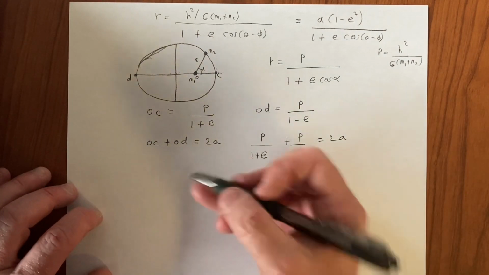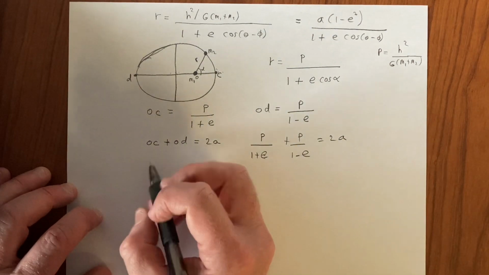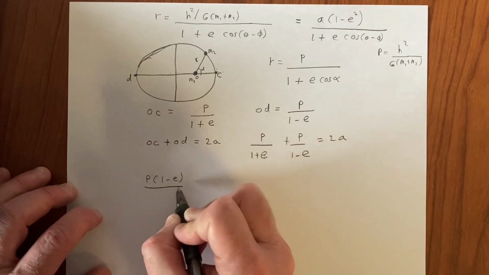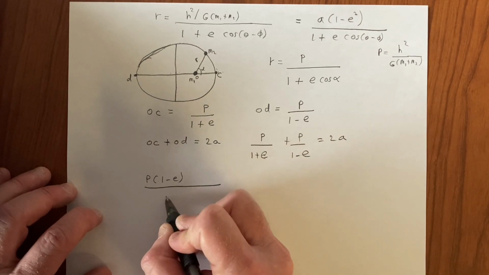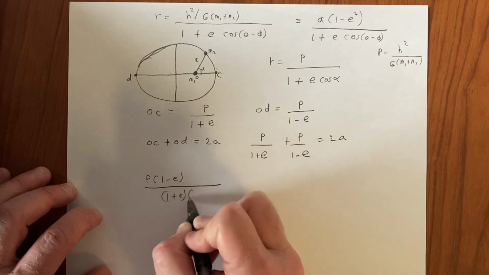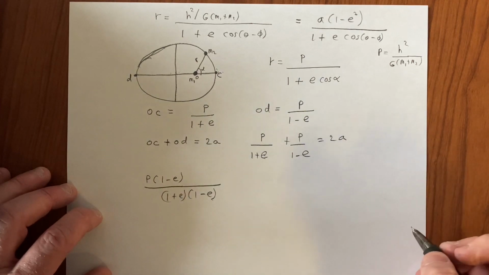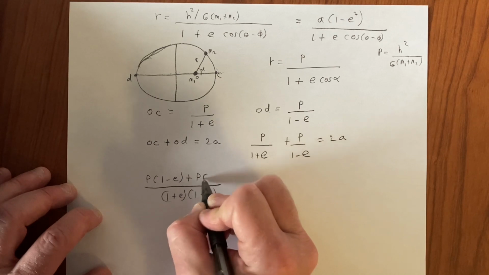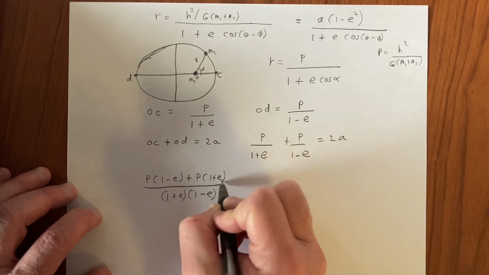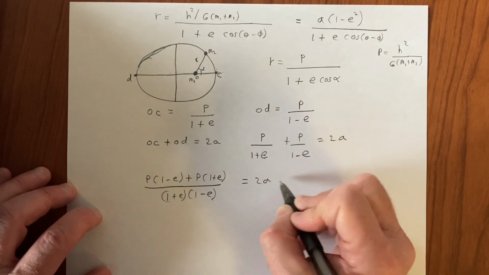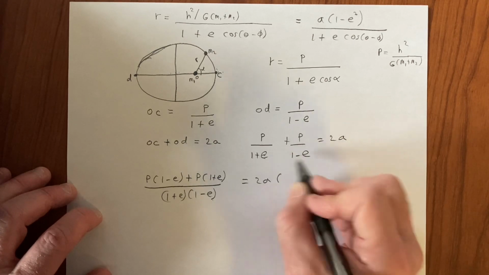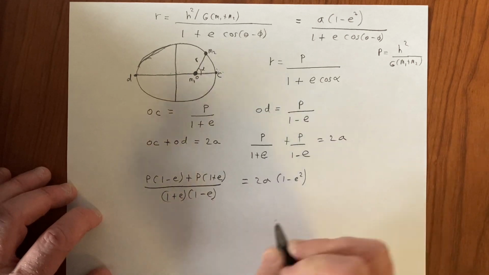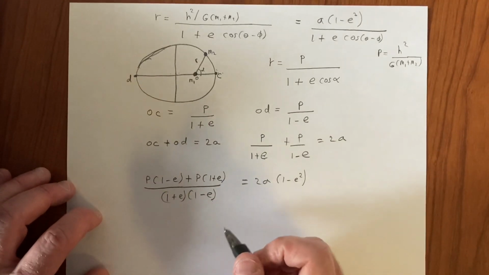And therefore, let's find the common denominator. We're doing P times 1 minus E here. Here we have 1 plus E over 1 minus E. And so here we have plus P times 1 plus E, and that's equal to 2A times 1 plus E times 1 minus E, which of course is 1 minus E squared.